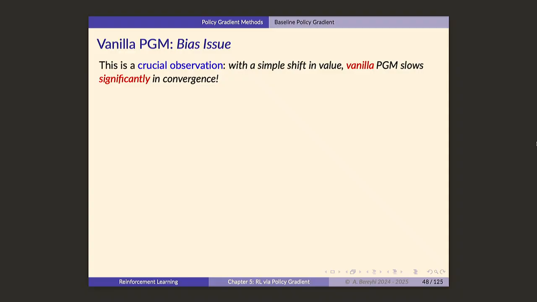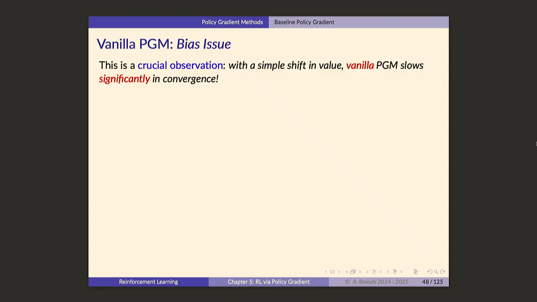What we see is that the vanilla policy gradient method is getting impacted significantly in terms of convergence when we shift our rewarding system, right? And where is the problem? If you think about the REINFORCE algorithm, or the general vanilla policy gradient method, where should the problem be? Which guy is making the trouble for us?